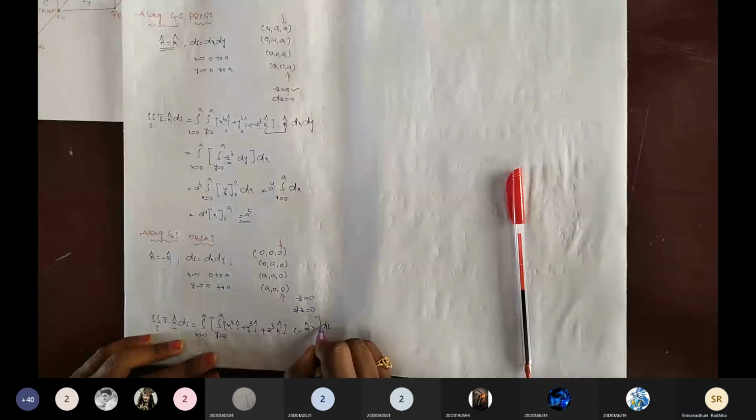So x equals 0 to a and integration y equals 0 to a of f bar dot n cap. What is f bar here? x cube i cap plus y cube j cap plus z cube k cap, dot n cap. What is n cap here? Minus k cap, into ds.